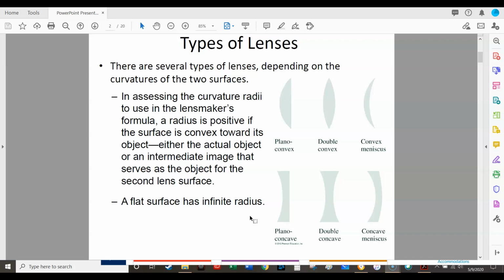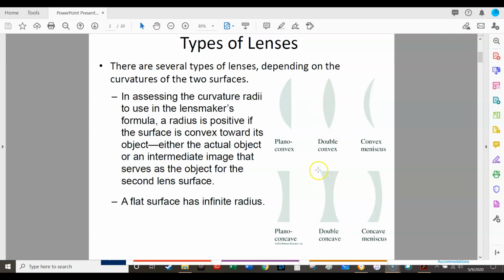Okay, and so when light rays refract upon a curved surface, you can get things where the light rays get focused to a point or diverted away from a point. There are two main types of lenses that we're going to be studying. The first one is called a double convex lens. Convex meaning bent outside, right?